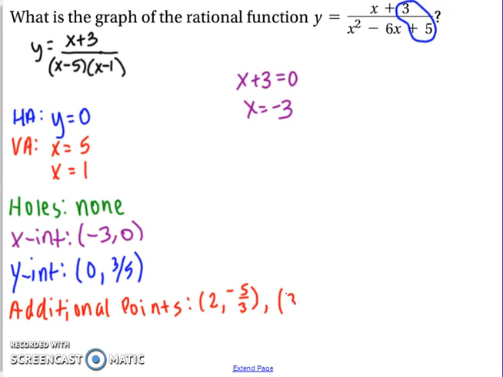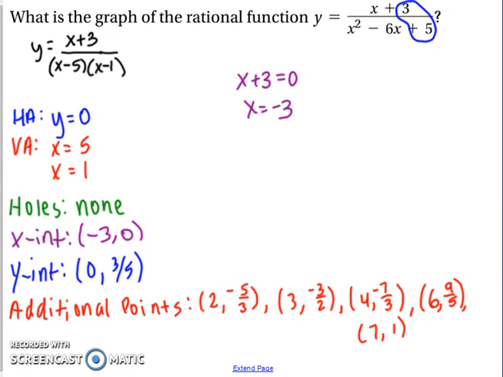I'm also going to pick 3, and I get negative 3/2 for y. I'm going to pick 4, and I get negative 7/3 as y. I'm also going to pick 6, so that's now on the other side of that vertical asymptote that was x equals 5. And I'm going to pick one more: 7, 1.